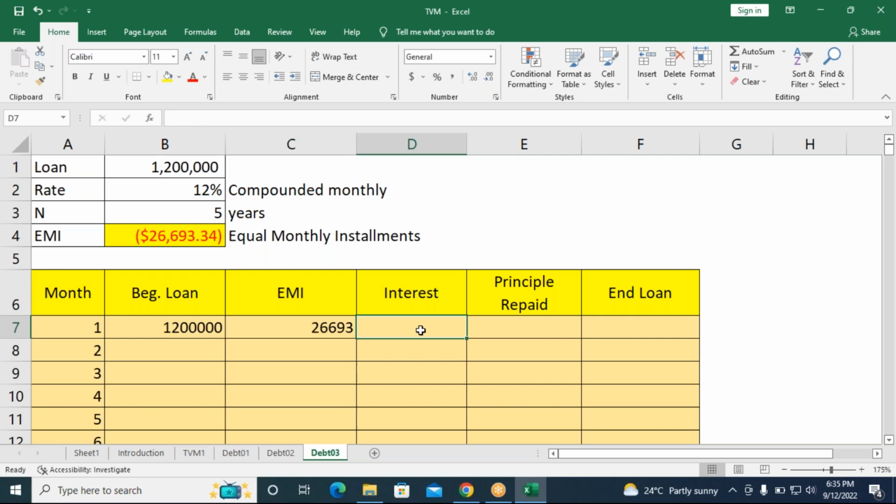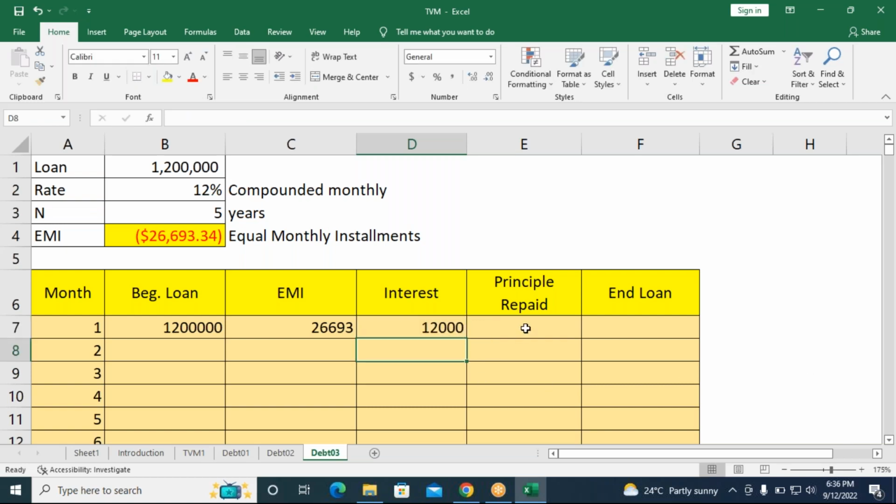Okay. So now I need to calculate the interest. How am I going to calculate the interest? Please guide. 12 lakh into 12%, divided by 12. Yes, the interest, ma'am. It is compounded monthly.